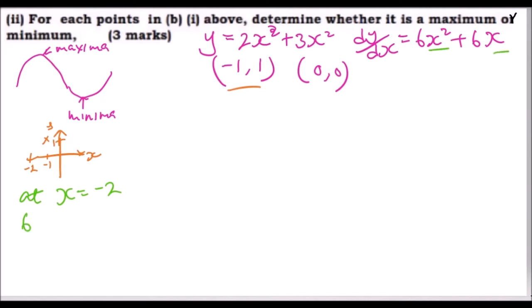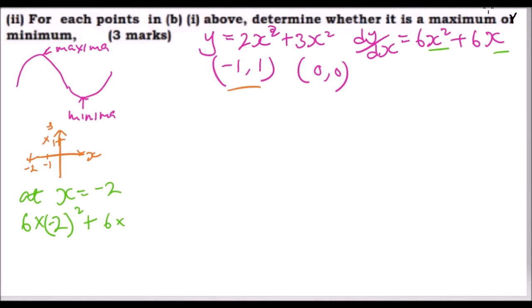So this is 6 multiplied by minus 2, which is squared, and then we had plus 6 multiplied by minus 2.